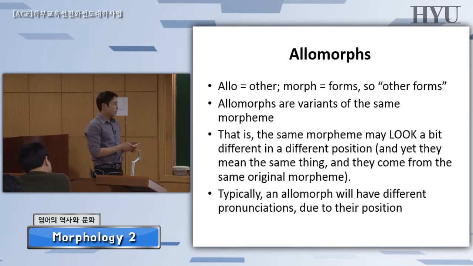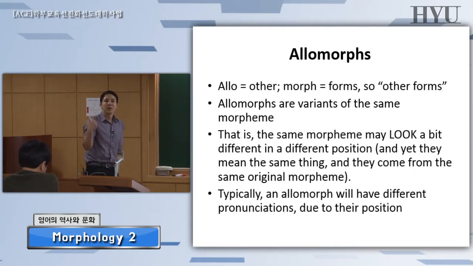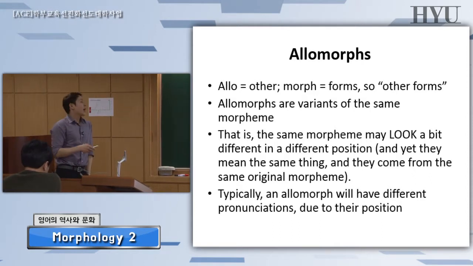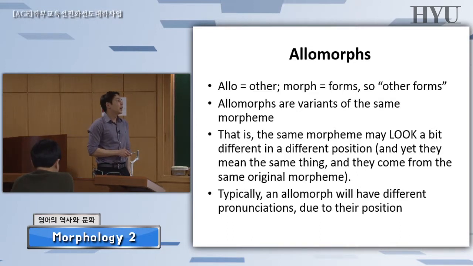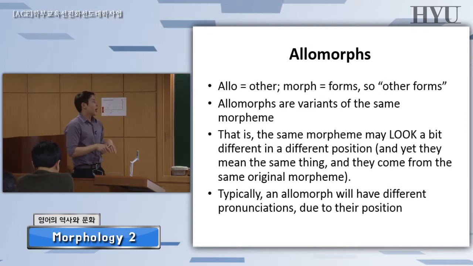Now, a different concept that I want to introduce today is the concept of allomorph. You remember when we talked about phonemes, we have allophones. Now, when we talk about morphemes, we have allomorphs. So allomorphs are variants of the same morpheme, meaning that a morpheme can look similar, but not 100% similar.